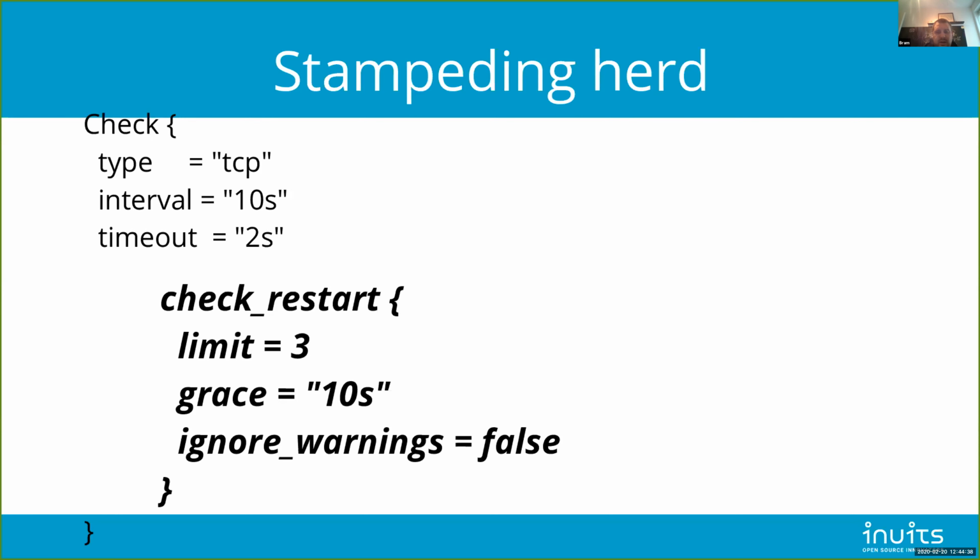So normally it wouldn't ignore warnings, but now it will, as defined here. It will only basically crash out on criticals, and we'll have a grace period of 10 seconds. So we need to wait for 10 seconds before our first check comes in, because containers might need a bit of time to actually boot up the process that is running inside.